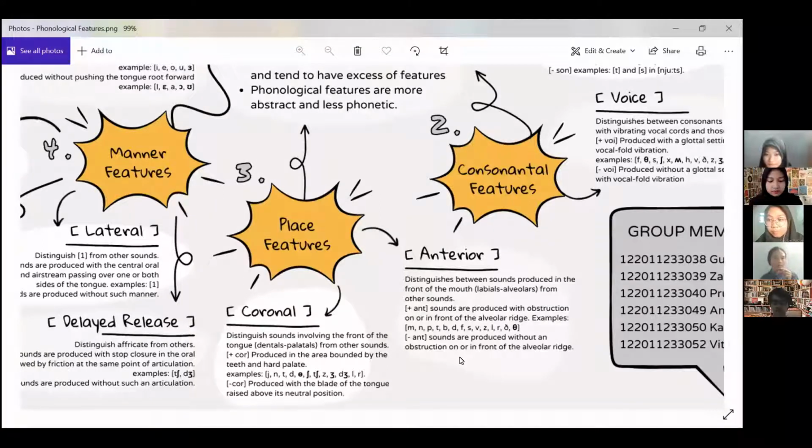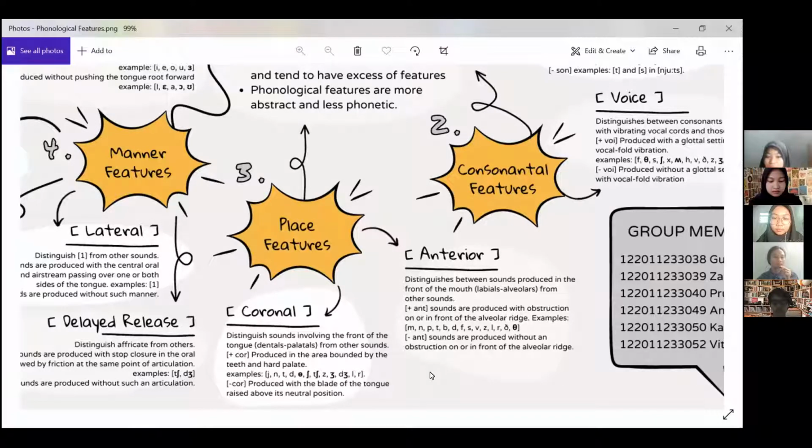The members are l, n, t, d, s, sh, ch, and so on. Negative coronal sounds are not produced with the blade of the tongue raised above its neutral position. The examples are b, p, g, k, and so on.